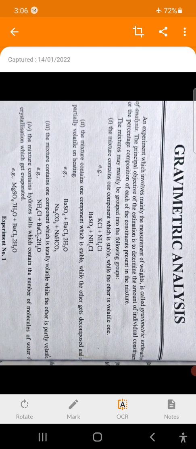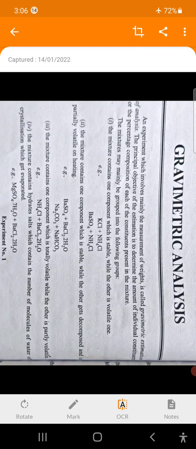Here, the mixture given is known, that is NH4Cl and BaSO4 mixture, and that is supplied to you.